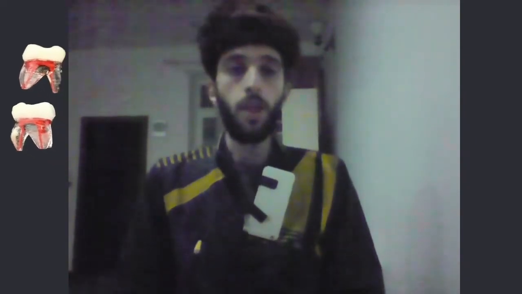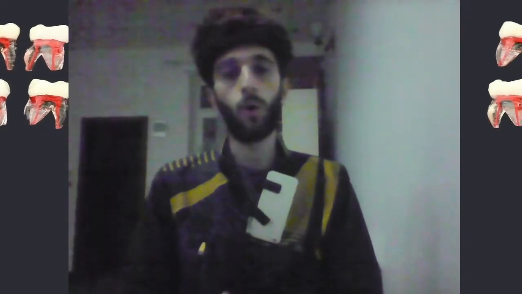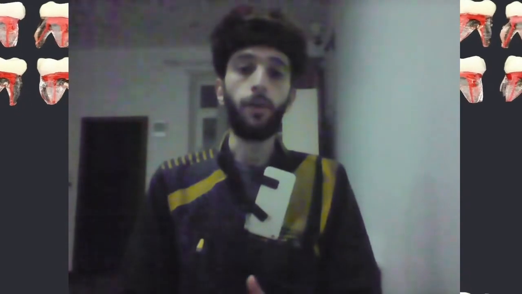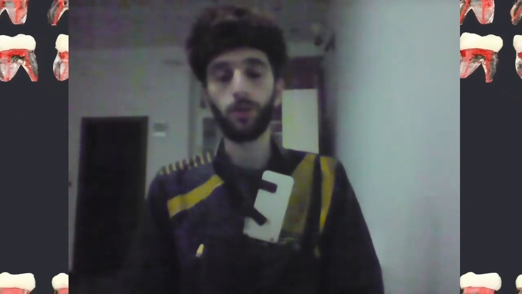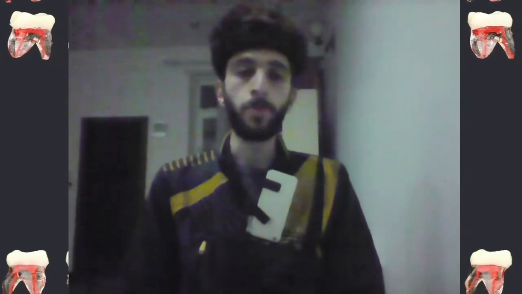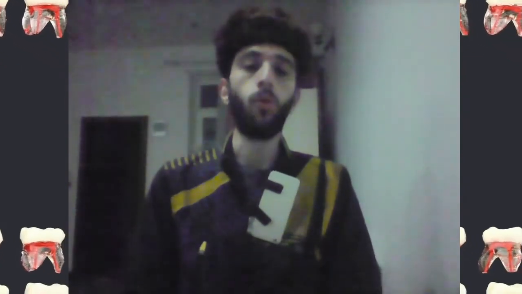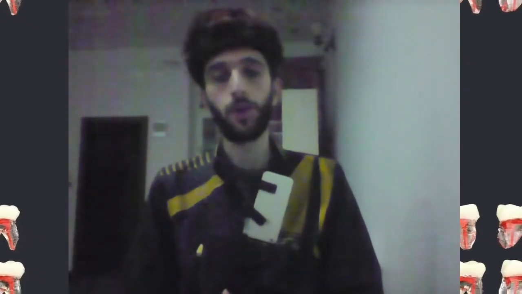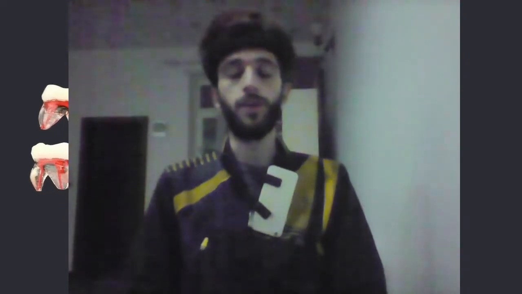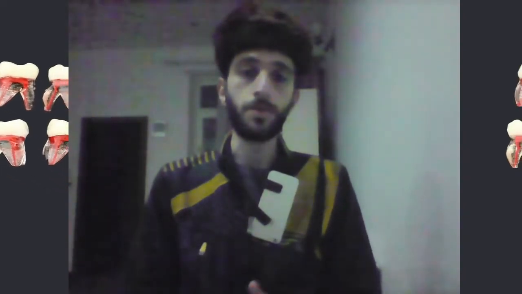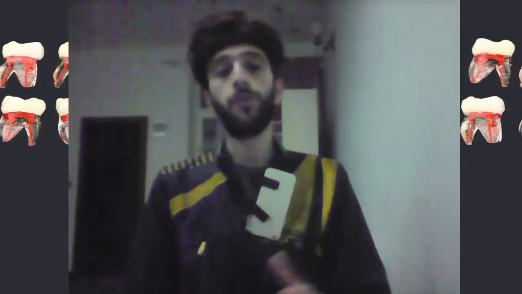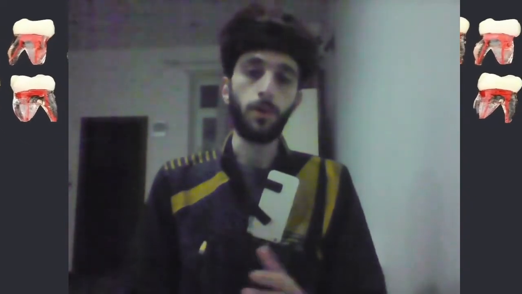And patients that have no pain nor discomfort after 1 month of the exposure of the pulp and after 1 month of our temporary restoration, then they are indicated for direct and indirect pulp capping. The pulp capping is a very necessary procedure, and it is different from pulpotomy and pulpectomy.